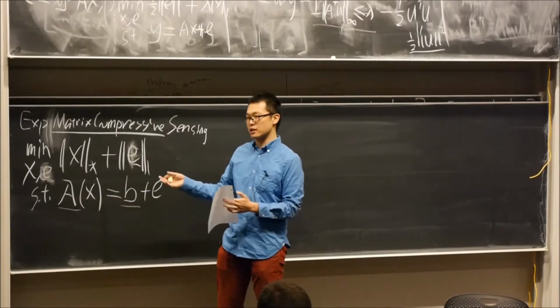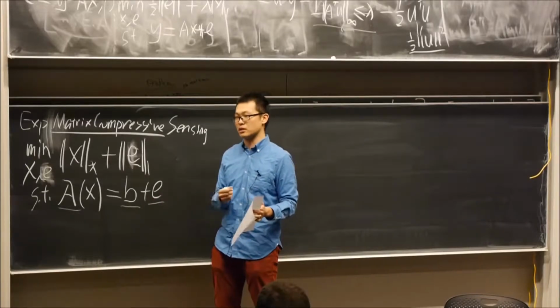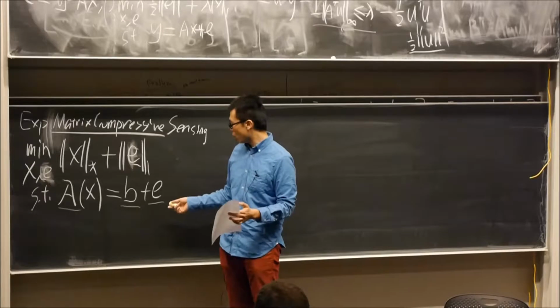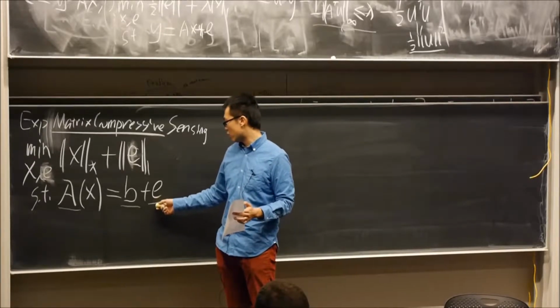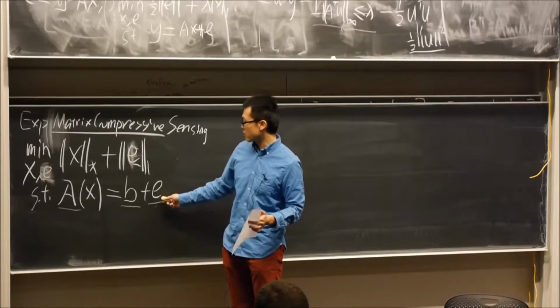Say if we transmit a signal over a channel, it can often happen that bits get toggled from 0 to 1 or from 1 to 0. But hopefully the toggling of bits is sparse. That's why we assume E is sparse.